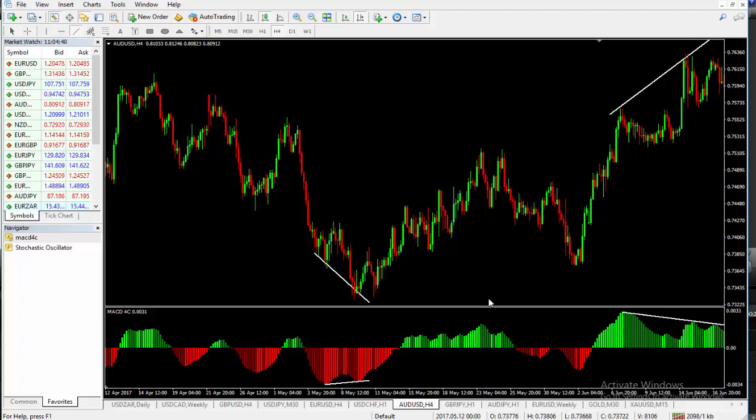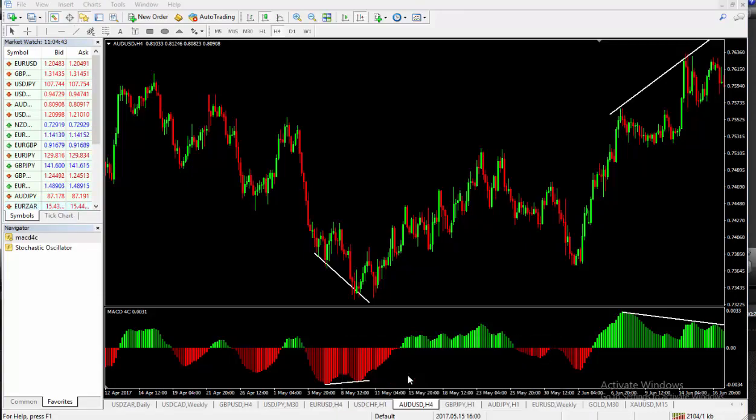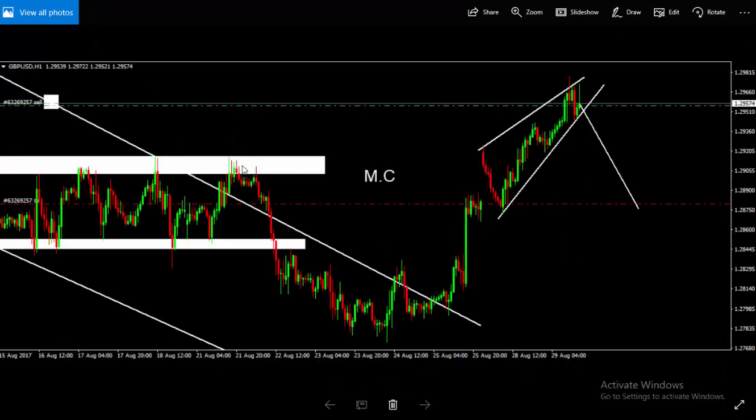I think we do have a trade. Okay, it was here, this specific one. Do you see GBP USD on H1? I'll show you exactly where we identified it. This area here was our divergence. There was divergence here. We sold it, as you can see.